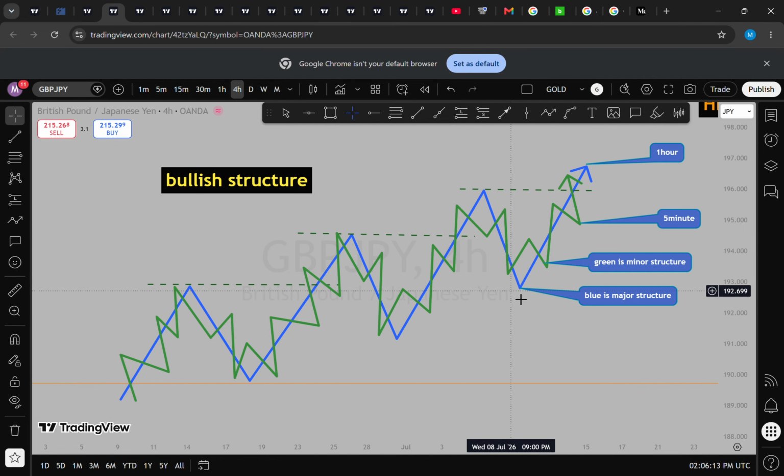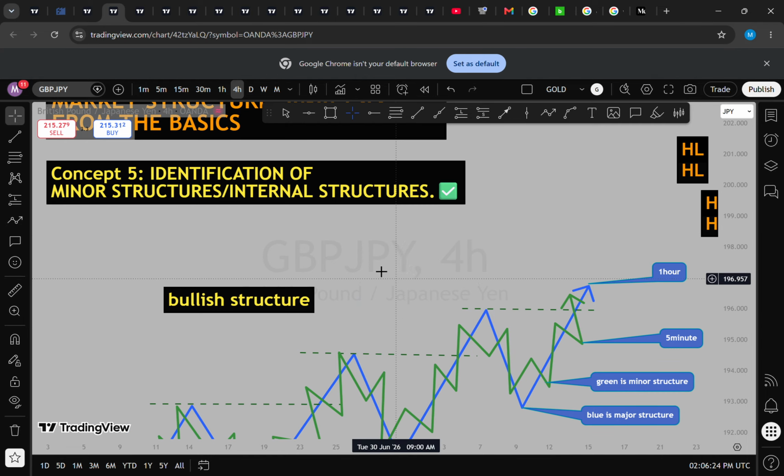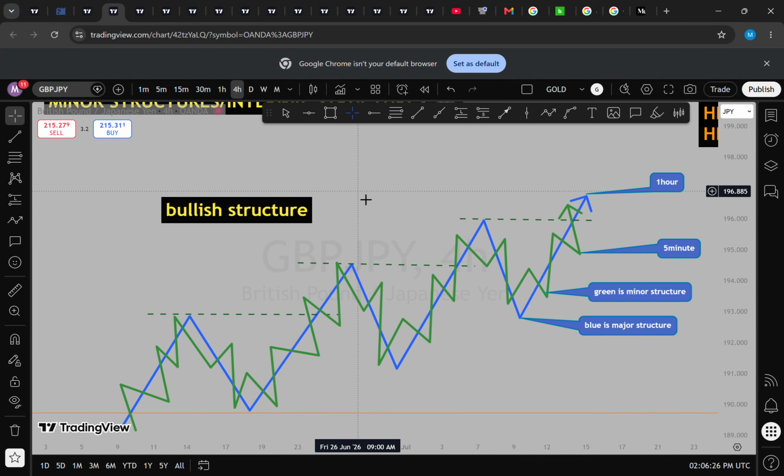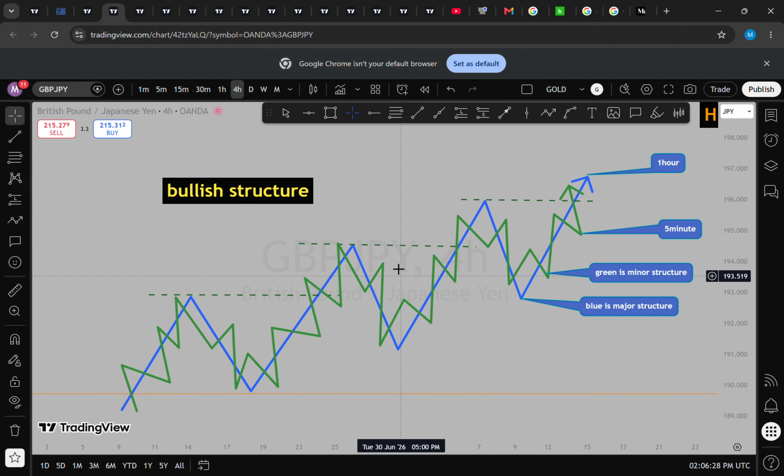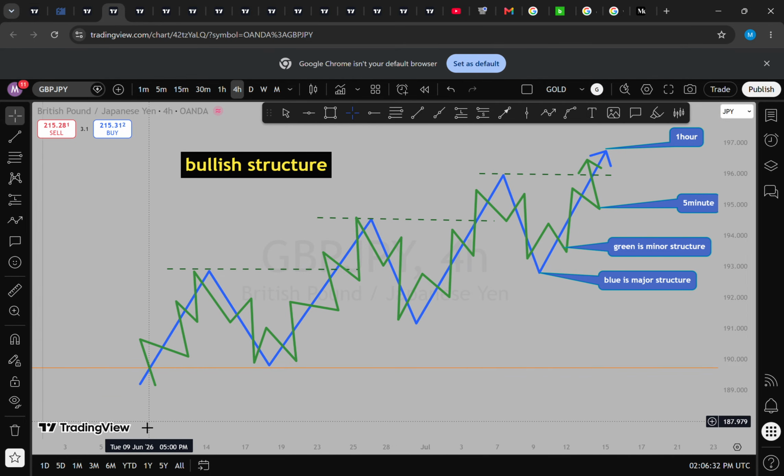So right now, blue is major structure, green is minor structure. The concept today is how to identify minor structure. It's very simple. From this diagram, we have a break of structure to the upside, which is bullish. But eventually it's just one single leg on 1 hour.